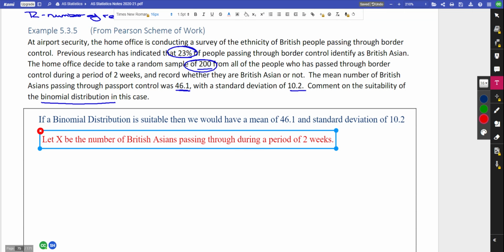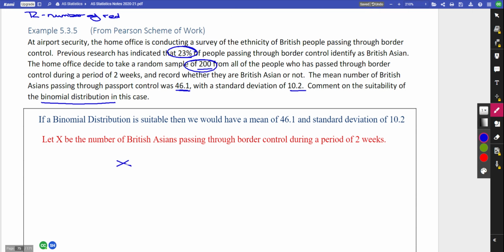Passing through, that should be border control, shouldn't it? Let's put it into the context of the question. Let's not miss bits out. So passing through border control during a period of 2 weeks, that tells us that we have X is a binomial distribution, sample size 200, probability 23%, and write it as a decimal or a fraction when we're doing that.